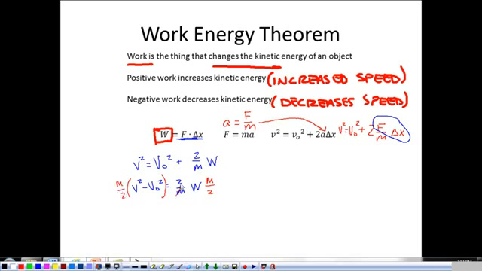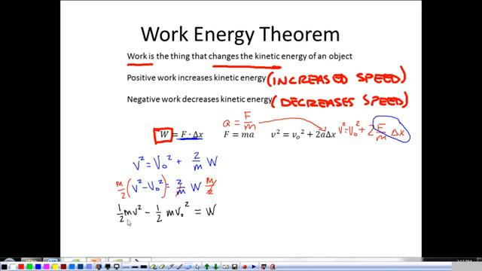So that makes this go away. And what we end up with for now is mv squared times 1/2 minus 1/2, distributing all the way through, mv0 squared. And that's going to be equal to our work.